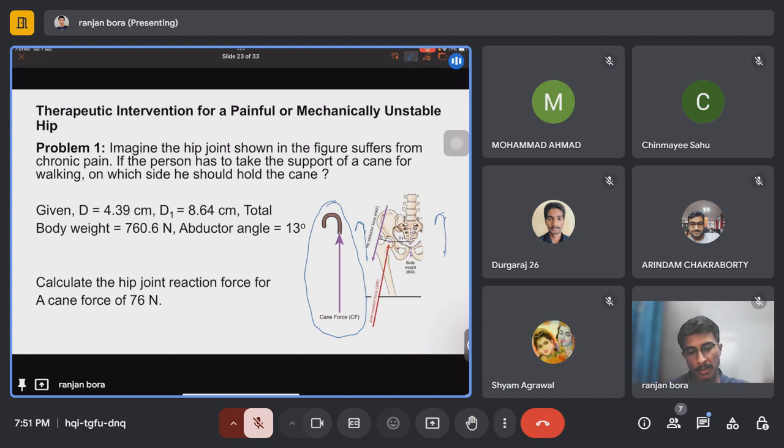Can you think about it? Have you all understood the question?